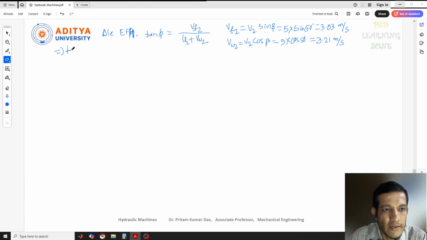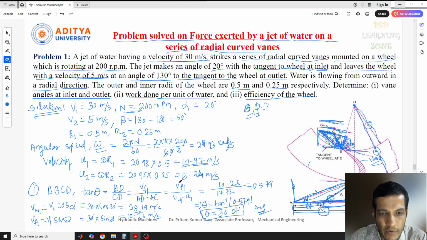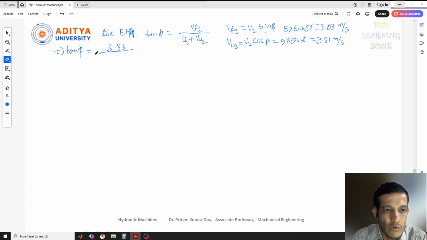So we can get tan phi equal to VF2, how much? VF2 is 3.83, divided by U2. U2 we have calculated already in the last slide, U2 equal to 5.24. So let's write 5.24 plus VW2. VW2 how much? 3.21.